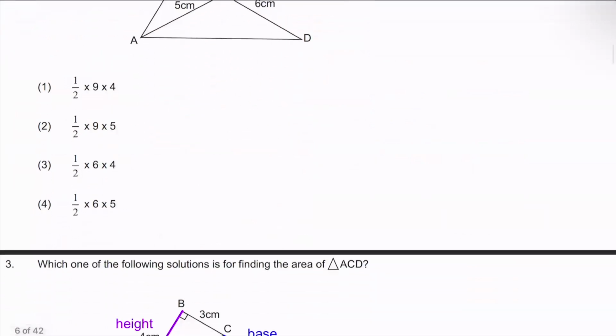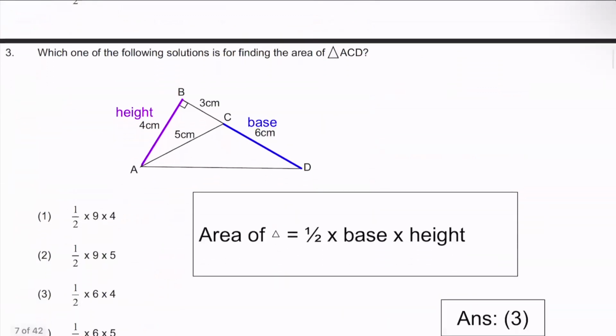So what is the formula for area of triangle? Formula for area of triangle is half times base times height. And then you must remember that your height and base must be perpendicular to each other.